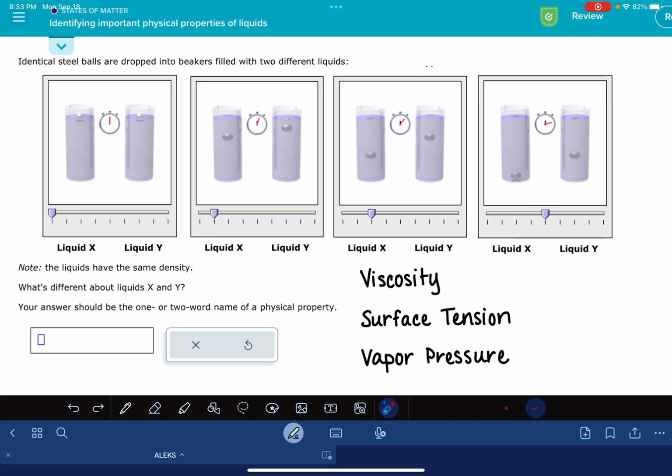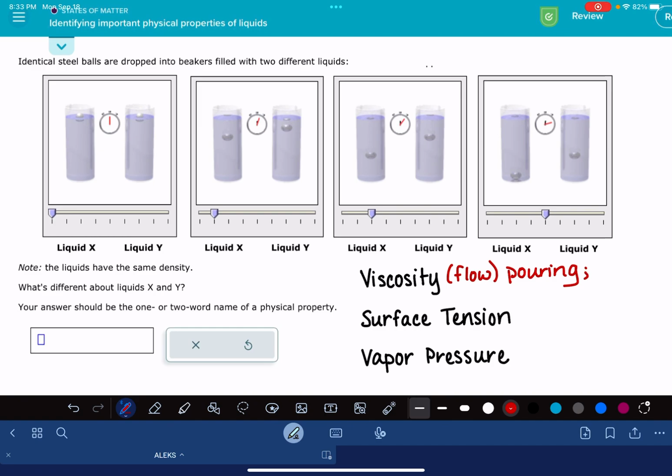So what I'm going to do is give you a brief description of what it might look like if you have two liquids that have, for example, a different viscosity. Viscosity is going to be giving you information about the flow of the liquids, and that could mean the liquids themselves pouring out of something. So you could be comparing liquids pouring out of a container, or I think I saw one where they were being poured through a funnel.